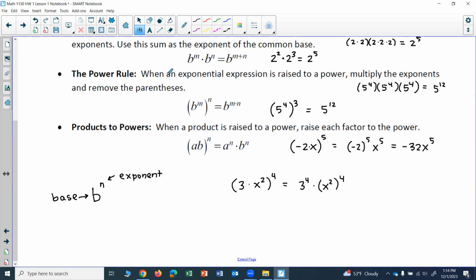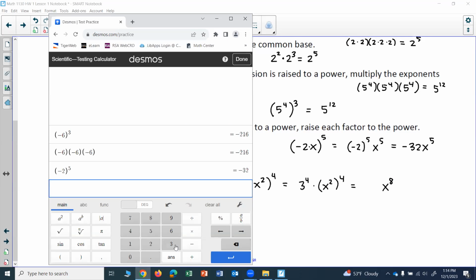Then I would use the power rule that says I would multiply the 2 and the 4 to be the new exponent on x. So I would get x to the 8th power, and I would want to go ahead and figure out 3 to the 4th power. So in my calculator, I would put 3, use the exponent key, and do the 4th power. So we get 81 x to the 8th.